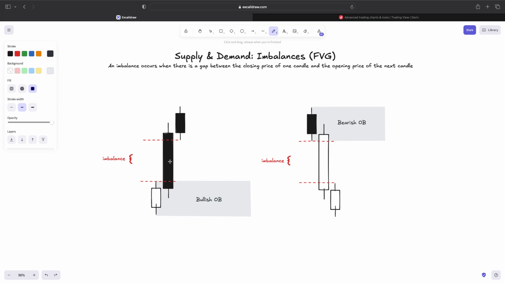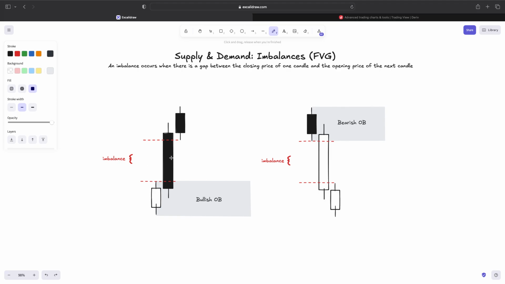As you can see here, we have this huge space around this area, showing us that there were a lot of buyers stepping into the market in order to significantly push price to the upside. When this imbalance occurs, we need to understand that the only buyers participating in the market were those driving price all the way to the upside around this area here. There aren't any sellers involved within this particular area, which results in price creating that fair value gap.